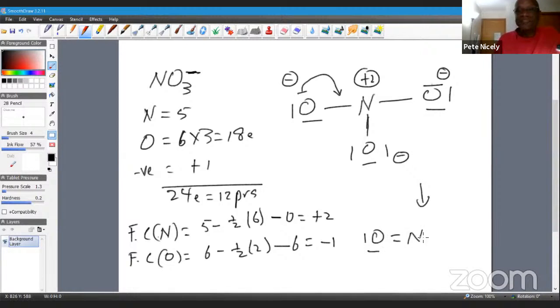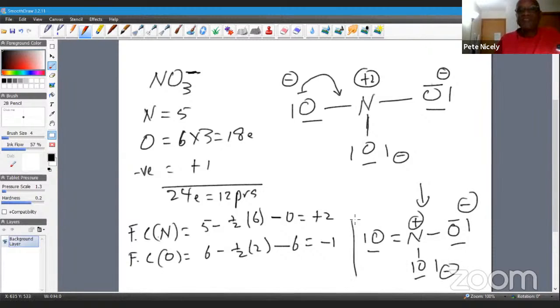Double bond N plus charge, because when this negative charge cancels out one of these 2 plus charges, you're going to be left with a plus 1 charge, and then you're going to have O minus, and then O minus.